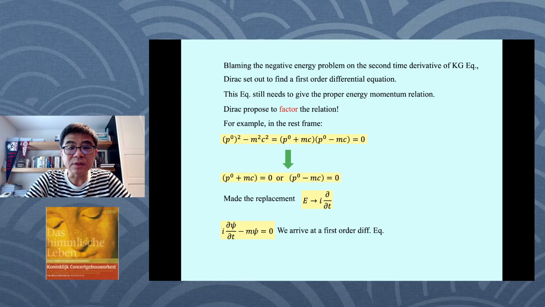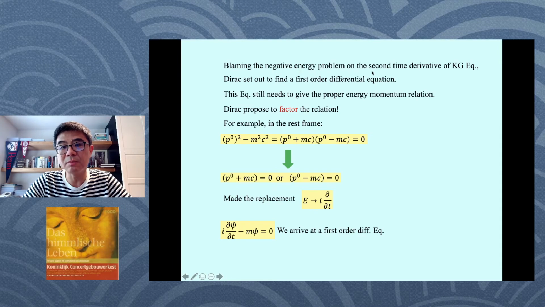Dirac put this negative energy solution problem into a mathematical problem. Dirac blamed the negative energy problem on the second time derivative of the Klein-Gordon equation, and therefore he set out to find a first order differential equation for the relativistic particle wave.